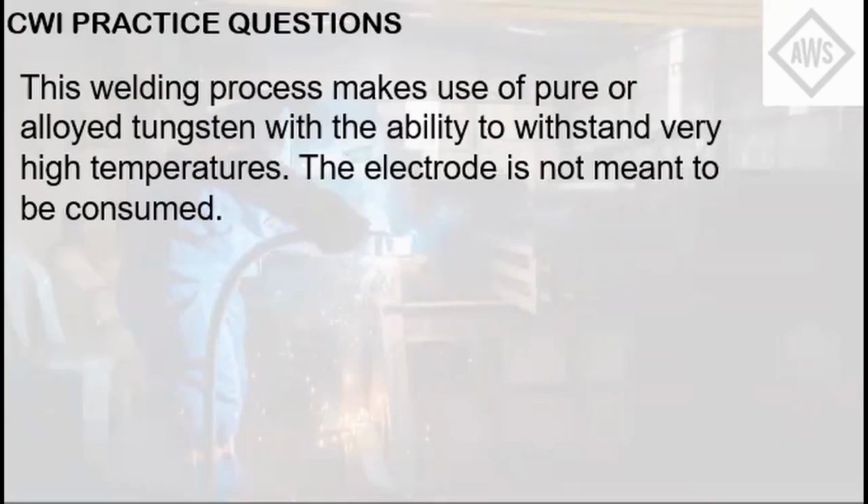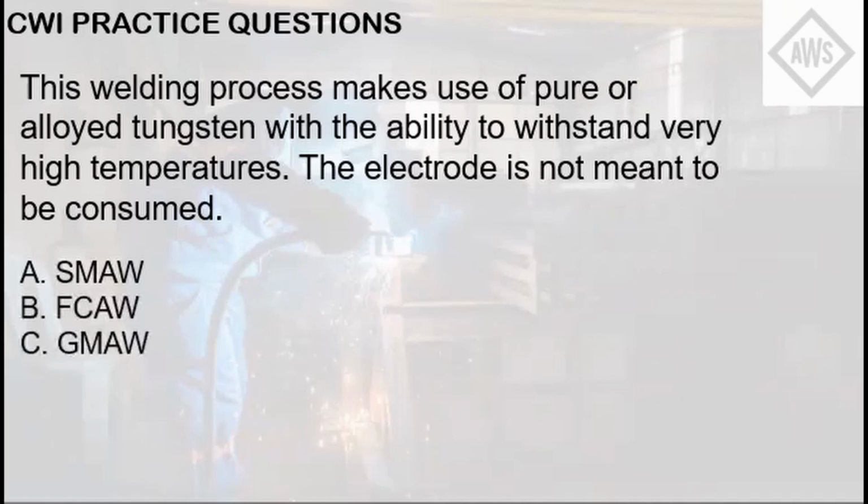This welding process makes use of pure or alloy tungsten with the ability to withstand very high temperatures. The electrode is not meant to be consumed. A. SMAW, B. FCAW, C. GMAW, D. GTAW.